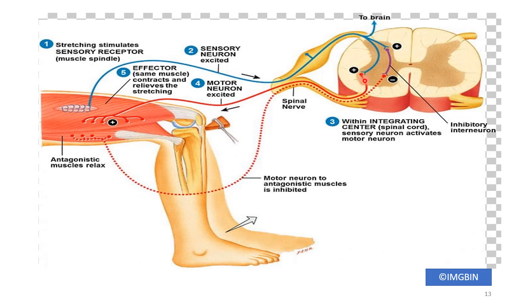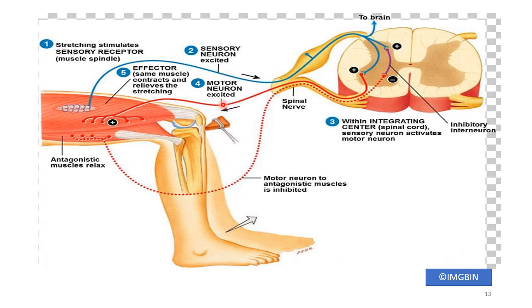The efferents travel to the muscle, and then the extrafusal muscle fibers are stimulated, and the knee immediately jerks forward. This is the response, the contraction of the muscle, and it relieves the stretch.